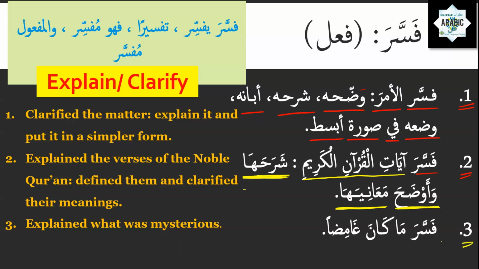The last one. Fassara ma kana ghamidan. Now repeat. So I'm going to read all three sentences. This time I've done it differently. I'm going to read all three sentences without the lines and at a faster pace. So please listen in as I read them.